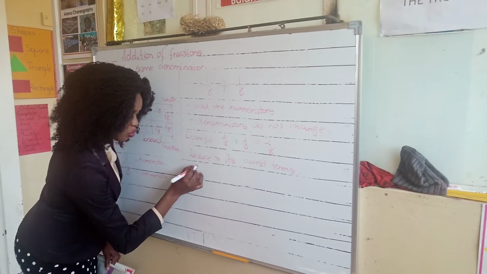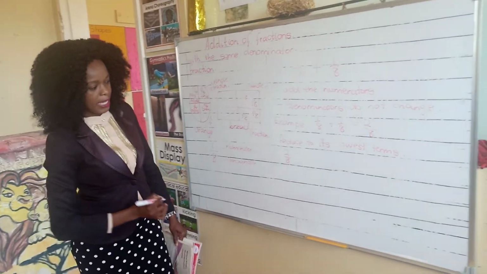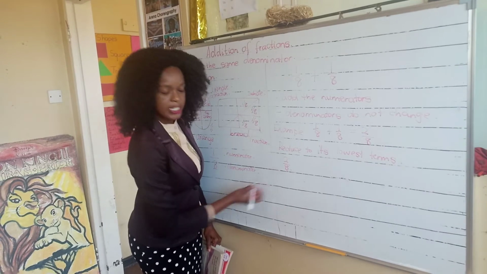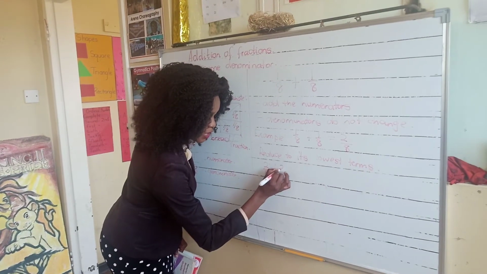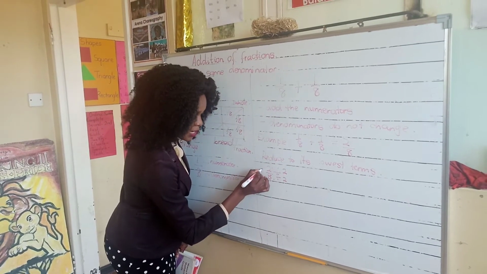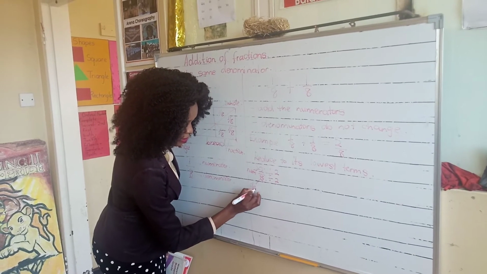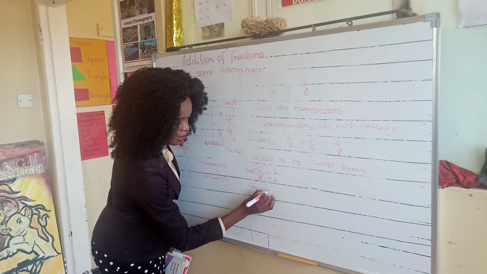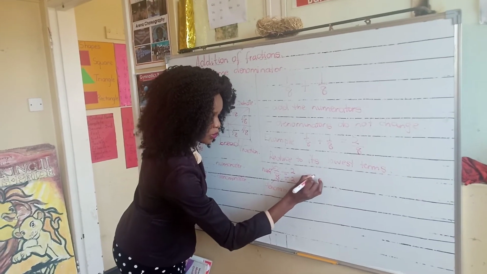So now you take your 2 over 8 there. What number can get into 2 and 8 and it doesn't leave a remainder? And the number is 2. So you are going to divide by 2 there and divide by 2. You are going to divide the numerator and the denominator by the same number, which is 2.